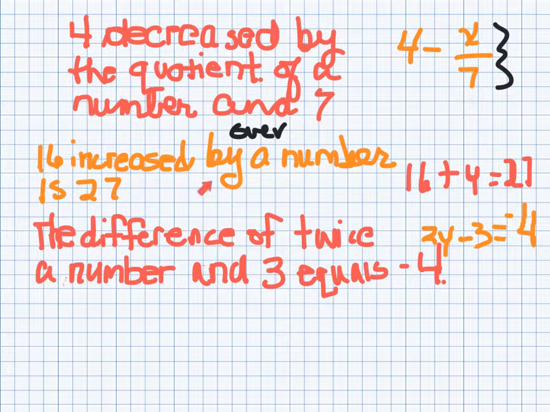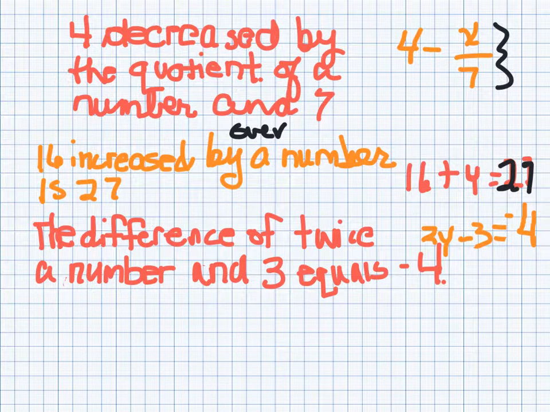Here we have 16 increased by a number is 27, so we have the total is 27. It's hard to read my writing there. 27. And so we have 16 increased by is plus, and x. In this one right here, we have the difference of twice a number, so that's 2y or 2x or whatever you want it to be, and 3 equals 4.